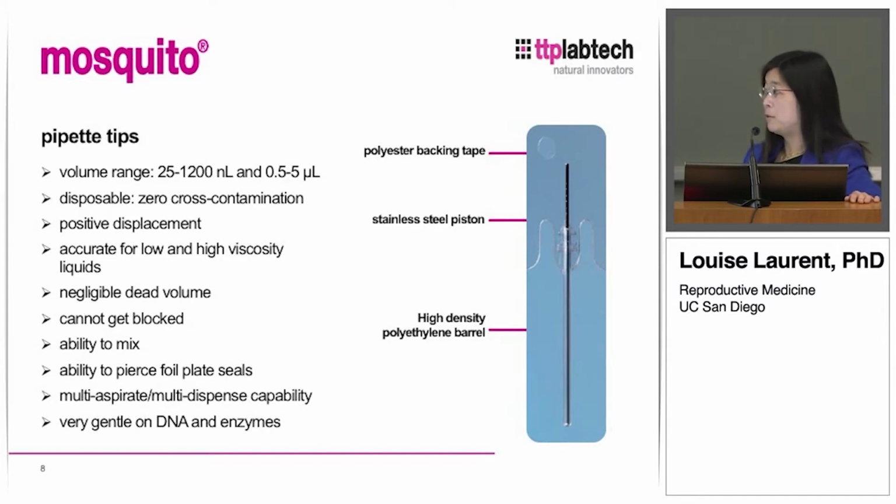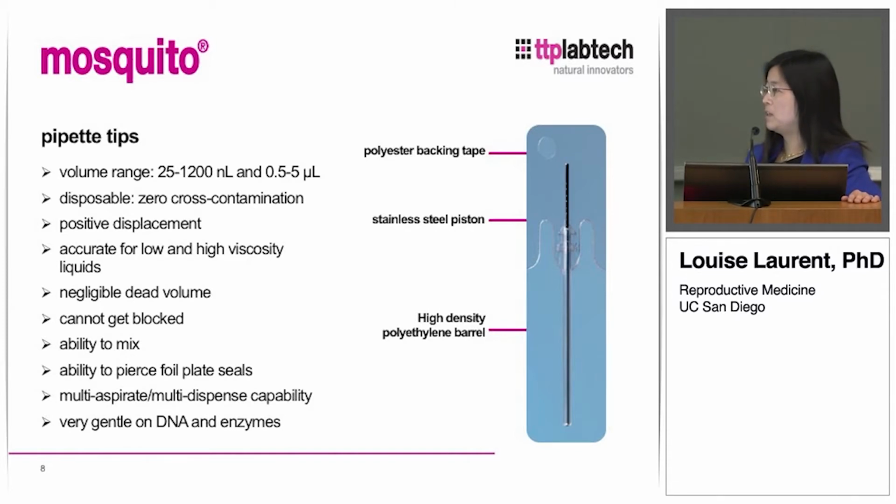The really nice thing for us is that we can handle low and high viscosity liquids with minimal changes in our settings. So, you know, if something is very, very high viscosity, we may change the speed of aspiration or dispense, but for the most part, we don't have to do a lot of fiddling around with different types of liquids.